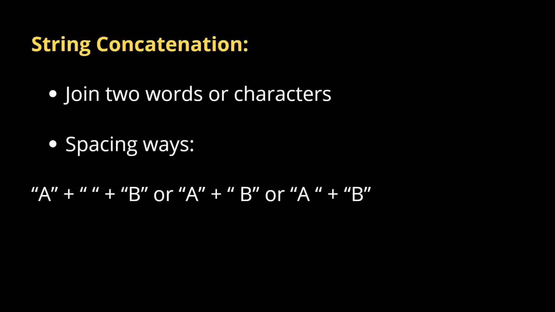Or you can write it as A in inverted commas plus inverted commas, space, and B, and then inverted commas close. Or the last method, which according to me is best: inverted commas start, A, space, inverted commas close, plus, and then inverted commas B.